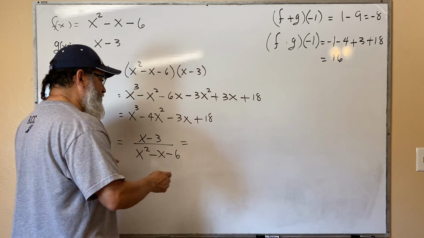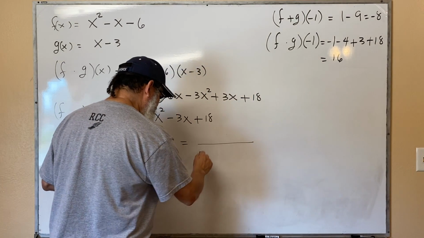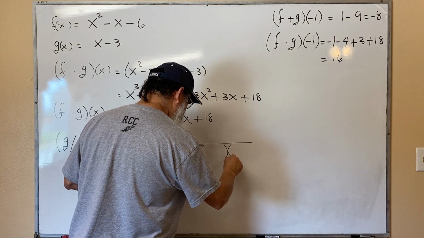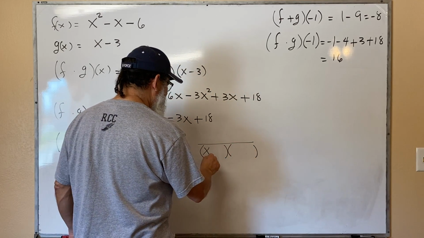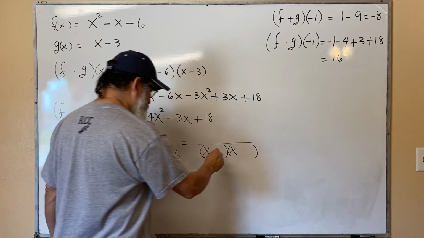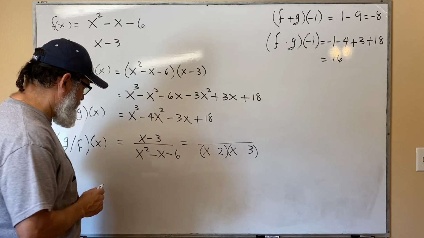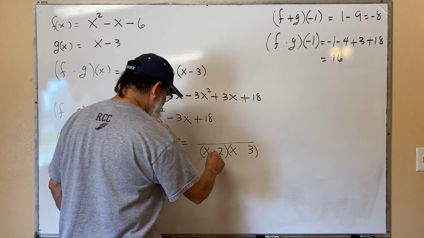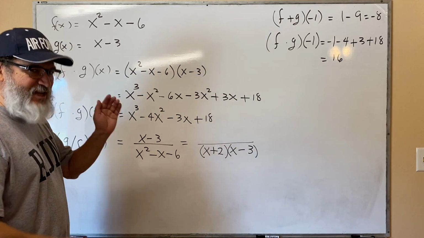Now, let's factor. X times x, 2 times 3, plus and minus. That's the denominator.